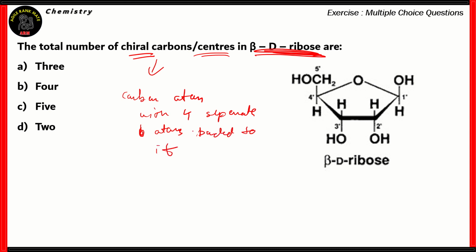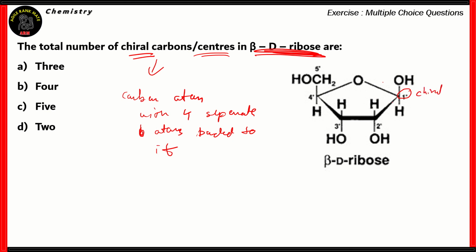So the idea is that we have 4 separate groups bonded to a carbon atom, so it's called a chiral carbon. Now, if you look at carbon number 1, it's connected to an oxygen atom, it's connected to an OH group, it's connected to an H, and it's also connected to a CHOH. So therefore, it's a chiral carbon.